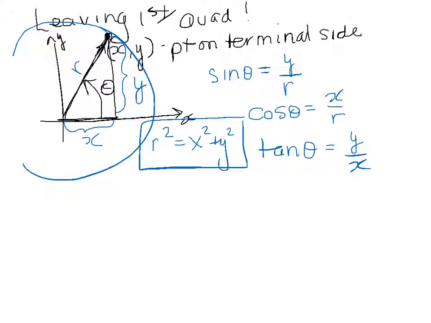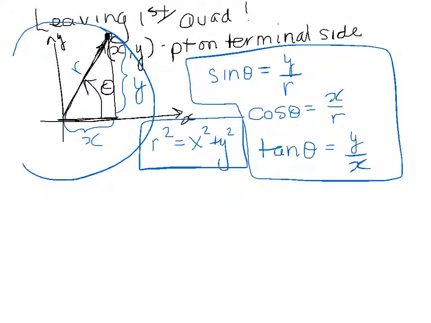This now becomes our new definitions of the sine, cosine, tangent, and those other three as well. We're going to use y, x, r instead of the words opposite, adjacent, hypotenuse. So you're going to want to remember this. Just remember x with cosine and y with sine, and that'll be a big help.